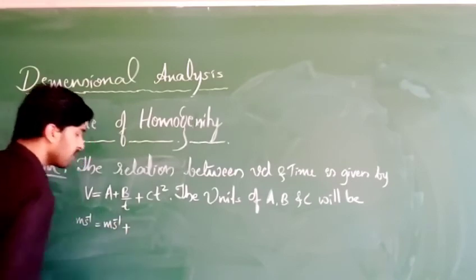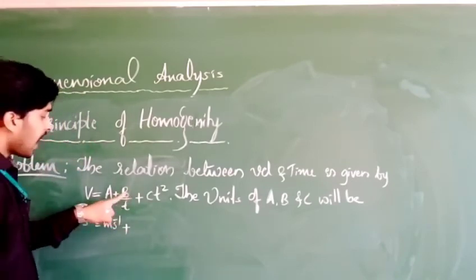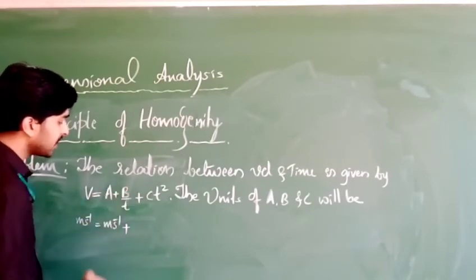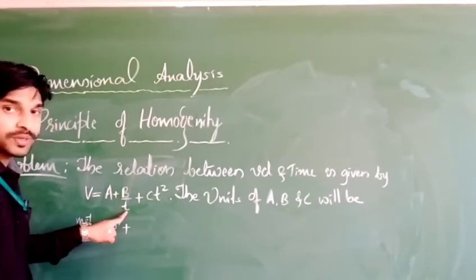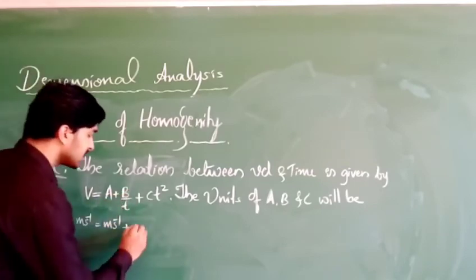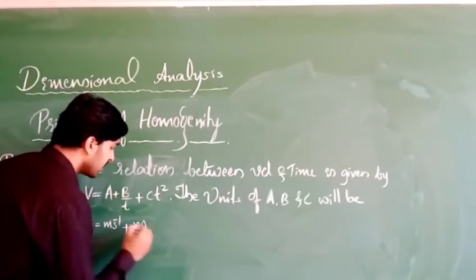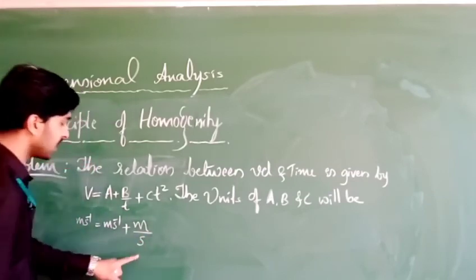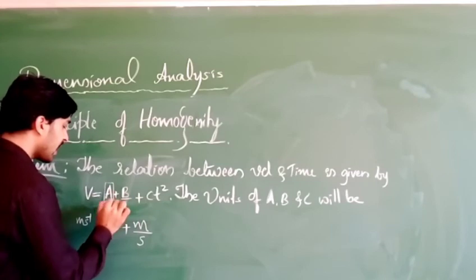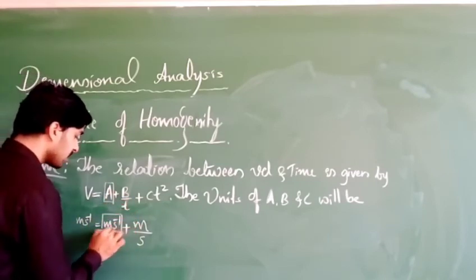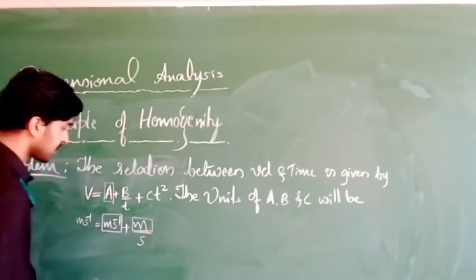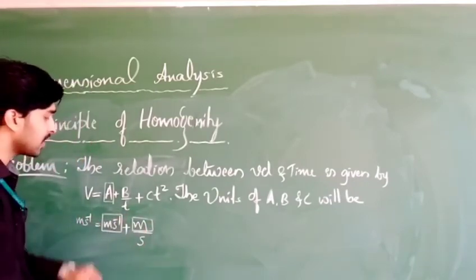Now I should take b such that I get meter per second. Time we measure in second, so b is meter divided by time, that is second. For a we got meter per second, and for b we got meter, divided by time, second, already there.